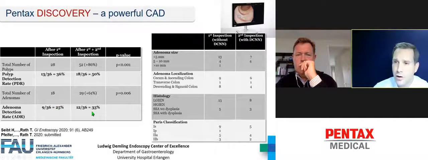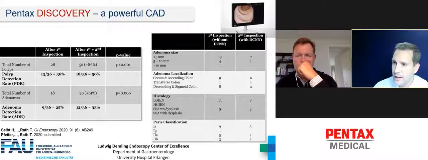What were these adenomas that we additionally found? And that you can see here on the right-hand table. So more than 50% of the lesions that we additionally found with Discovery were of small or diminutive size. More than 50% were located in cecum and ascending colon, so right-sided lesions.